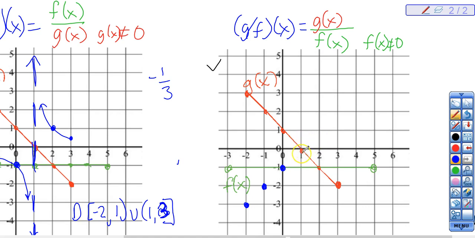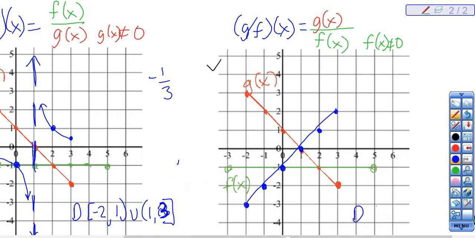Okay. 0 divided by -1. 0. Yeah, that's not undefined. I can do that. -1 divided by -1. 1. And then -2 divided by -1. Wait, that's a line. What? Interesting. That's because we divided by a constant in the denominator.